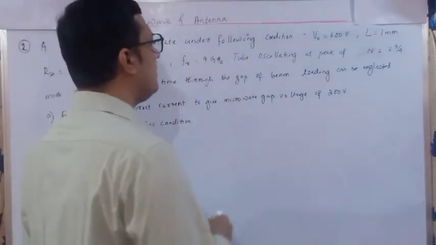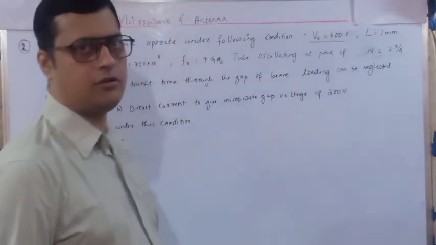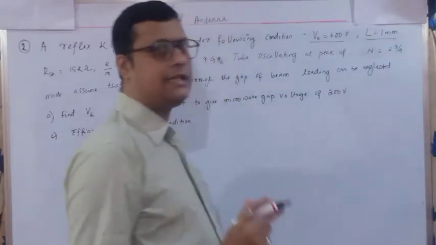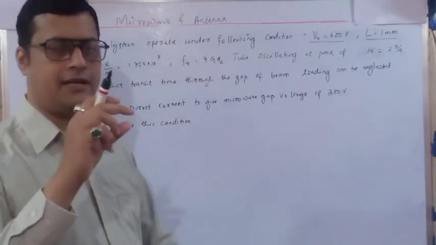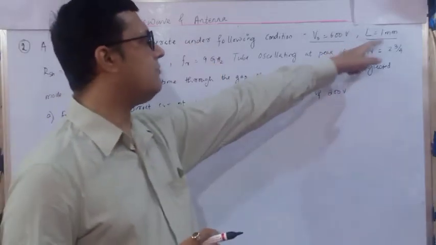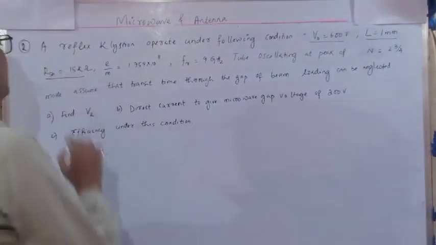First, V naught, means the DC beam voltage, is given as 600 volt. Okay, L is equal to 1 millimeter. L means it is the repeller gap from the cavity to the repeller. What is the gap available? That is L equal to 1 millimeter. And R shunt.